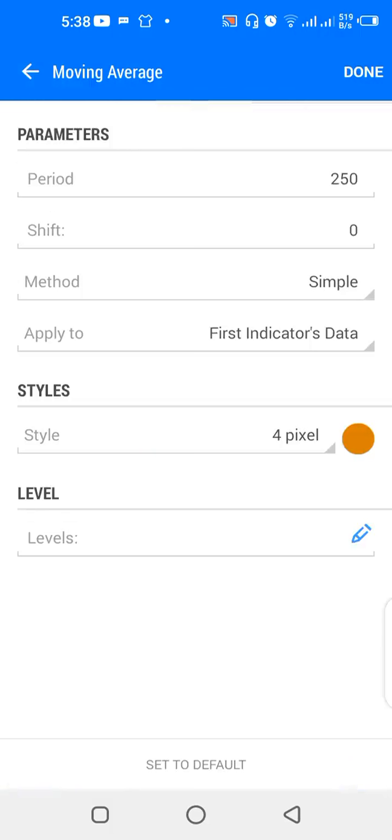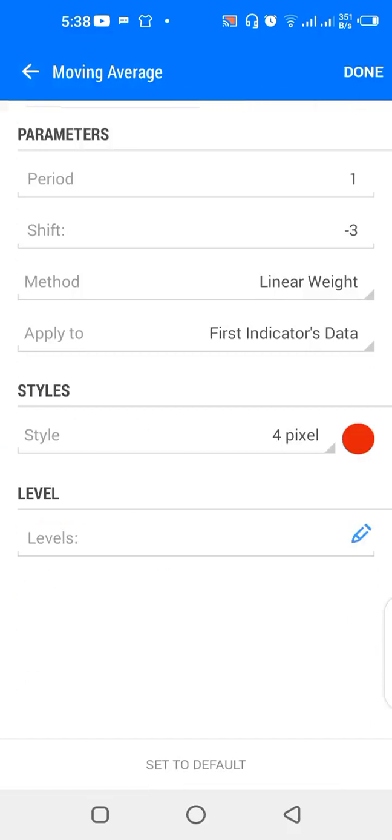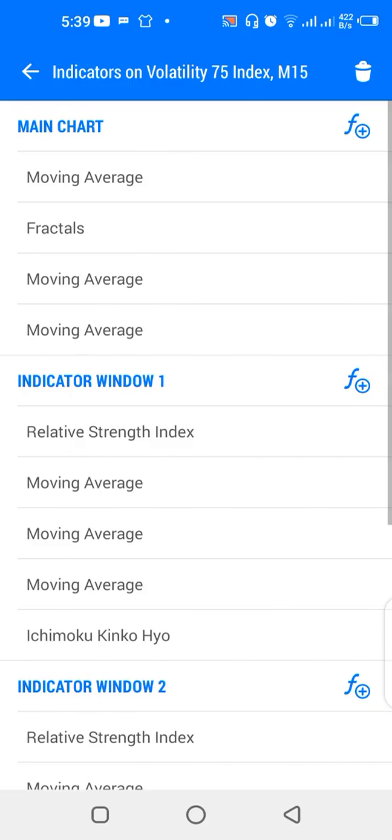The period is 250. Okay, method is simple, apply to first indicators data, and the color is orange. Still on indicator window 2, we have another moving average. Period is 1, shift is -3, method is linear weight, apply to first indicators data, and the color is red.